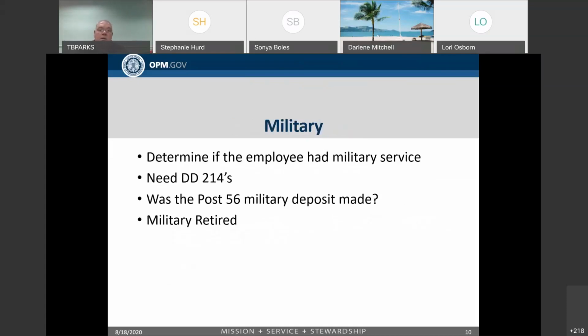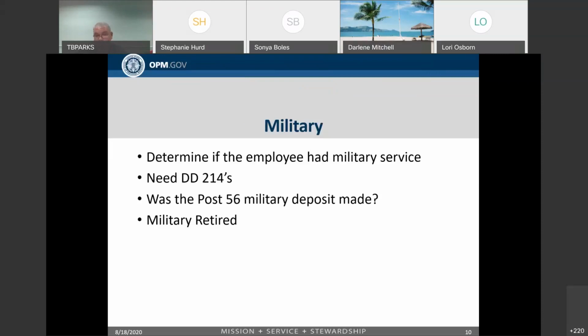For the military, if the post-56 military deposit was not paid, or if it was partially paid and there's a surviving spouse, that spouse has the opportunity to make or complete the military deposit. So we need whatever information you have about that.